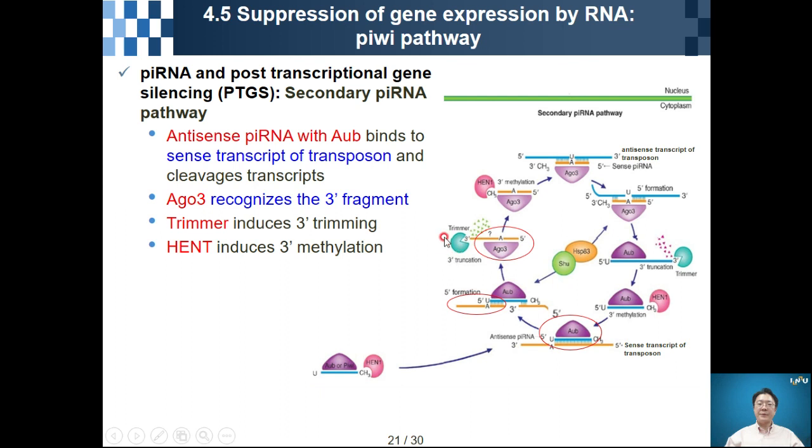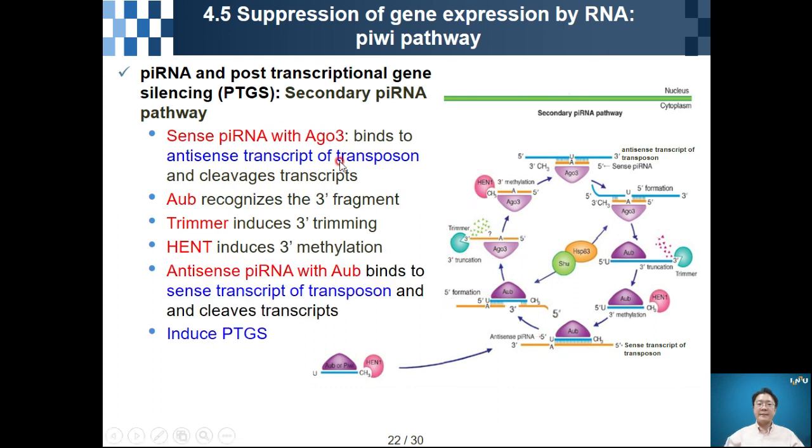After that, Trimmer induces 3' trimming, and Hen1 induces the 3' methylation. So this is the first part of the secondary piRNA pathway. In the next slide, I will explain the second part of the secondary piRNA pathway.